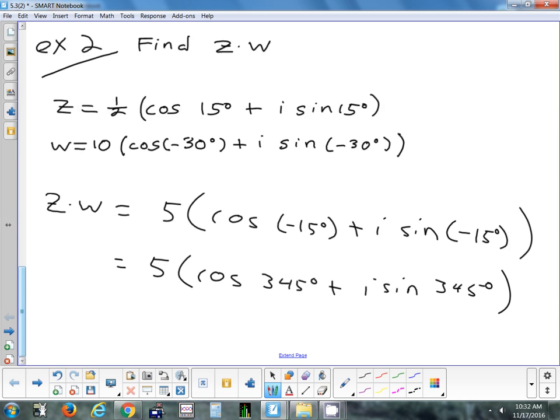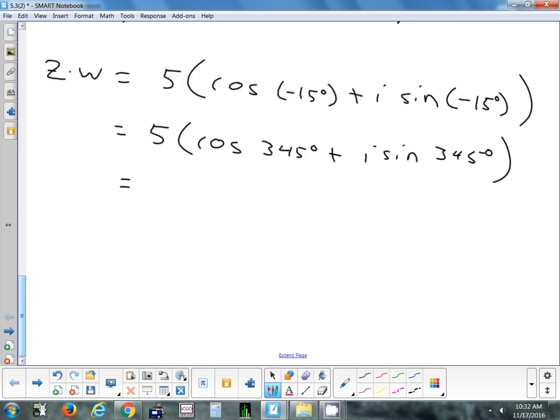Okay, so that's one way to get rid of your negative. And what's the other way to get rid of your negative that doesn't change the size of your angle? Adding 360 made my angle a lot bigger. How can I do it without doing that? Yeah. You would just give it the negative in the first one and make minus i sine.